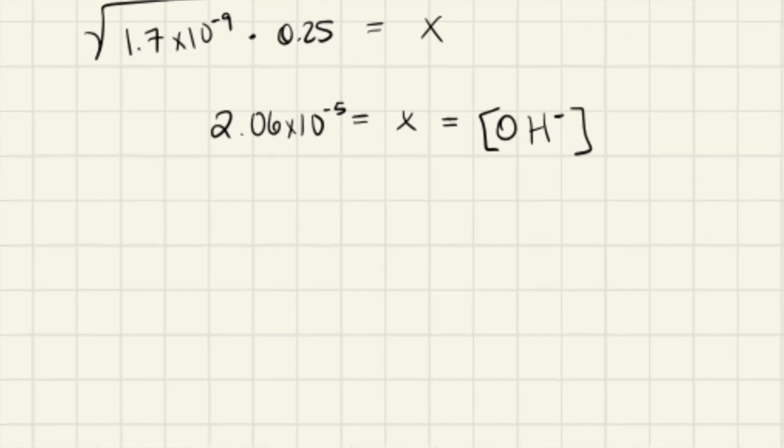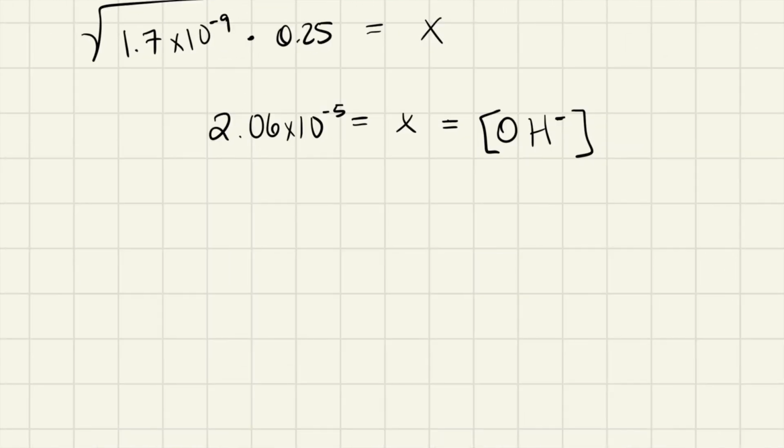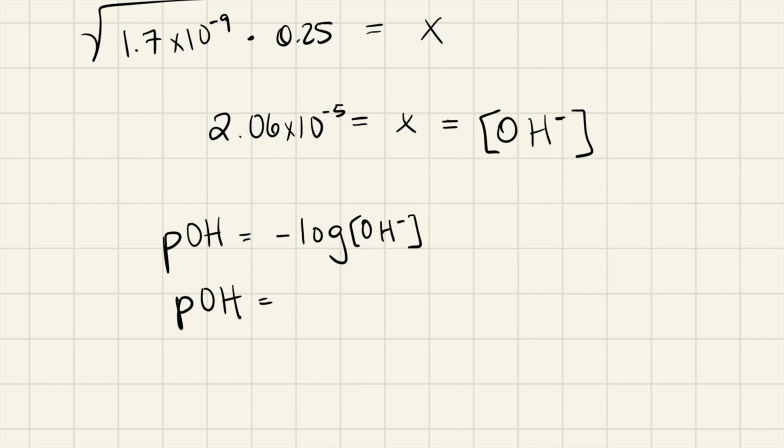So let's go back to our work. First of all, pOH, this is going down the rectangle. It's equal to negative log of OH minus concentration. When we plug that into our calculators, we should get 4.69 roughly. That is rounded.